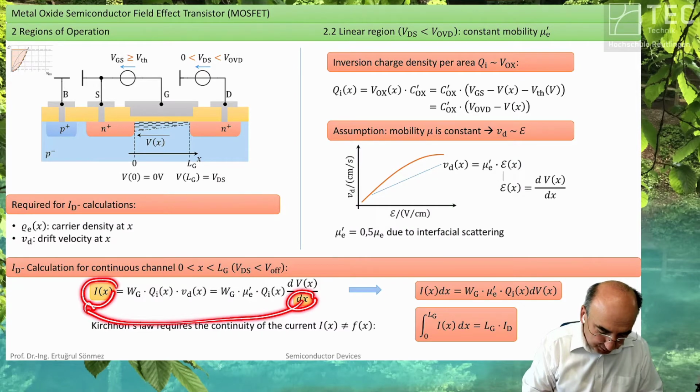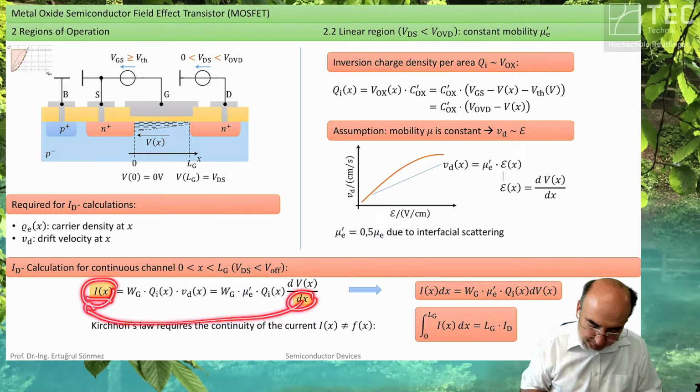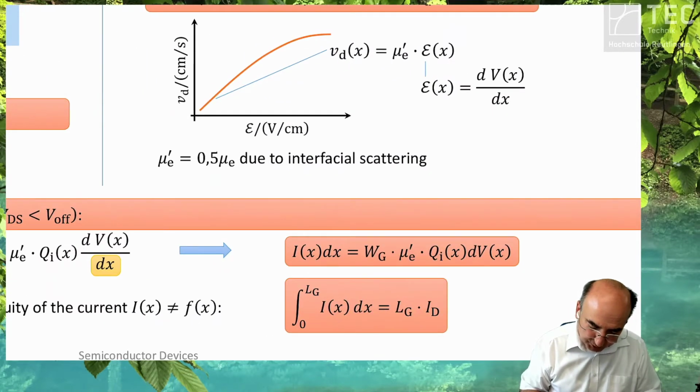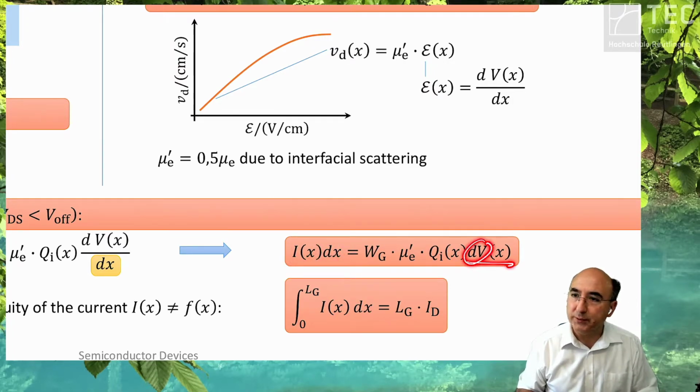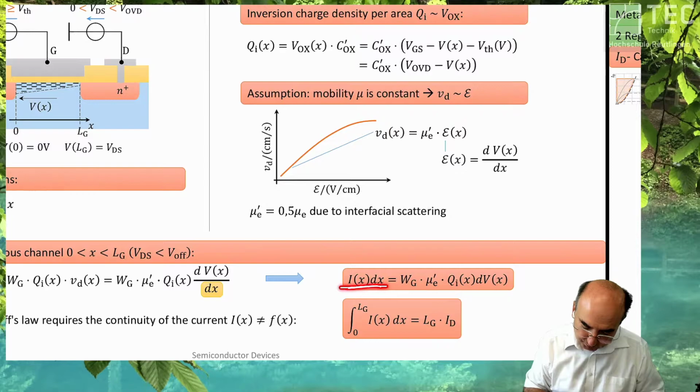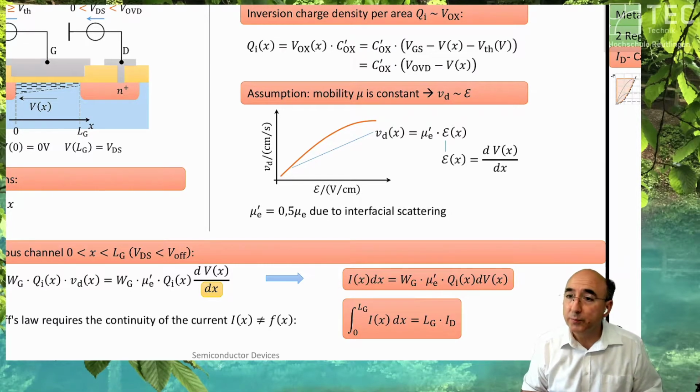So the change of the current as a function of the location is equal to the change of the voltage. So the change of the current as a function of the location is the change in voltage as a function of the location. But at the same time, we know that this change is zero.